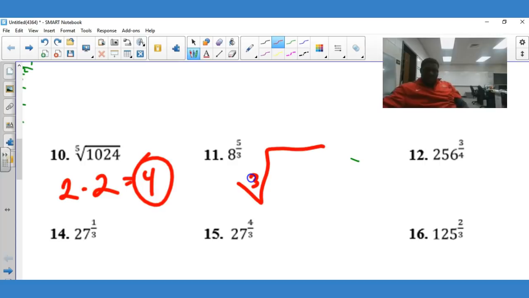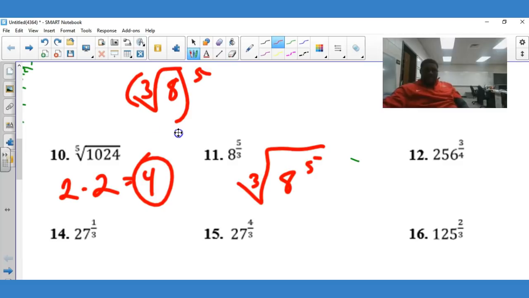So the cube root of 8 to the 5th. Now we need to evaluate it. First, you can evaluate the cube root of 8, and then raise to the 5th. The cube root of 8 is 2, and then you have 2 to the 5th because the 5 is still there. So 2 to the 5th, guys, will give you 32.